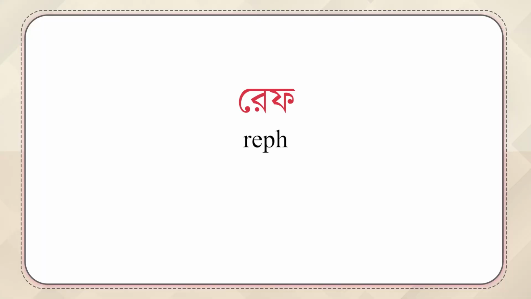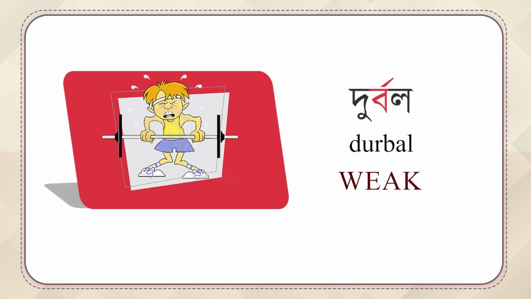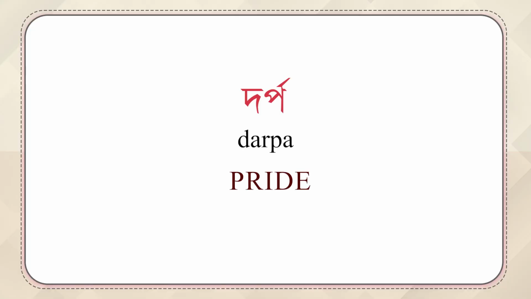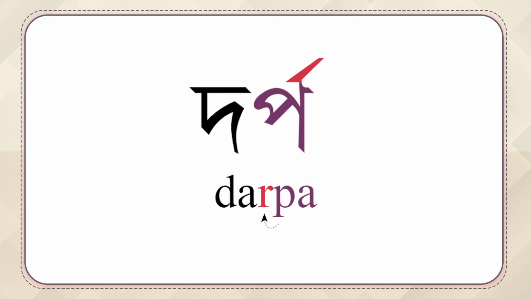The next mark we have here is ref. It can occur word medially as in durbal, which means weak. And in final position, we can get dorpo, meaning pride. In both cases, the sound of ref is pronounced before the consonant on which it appears.